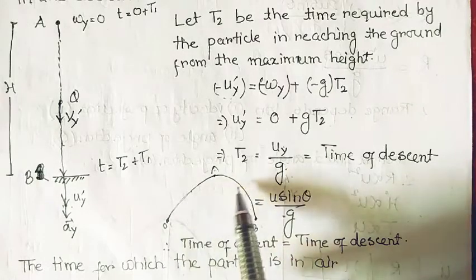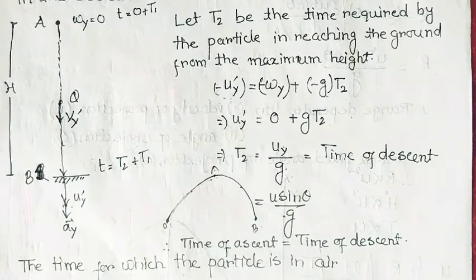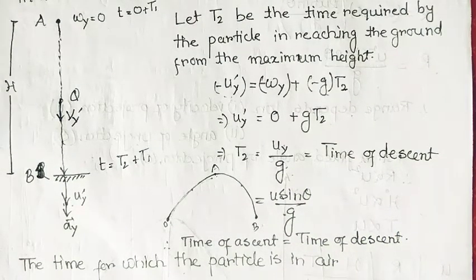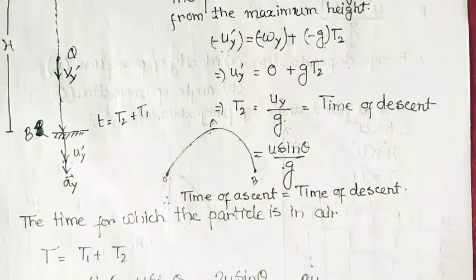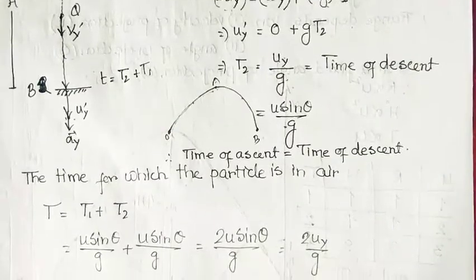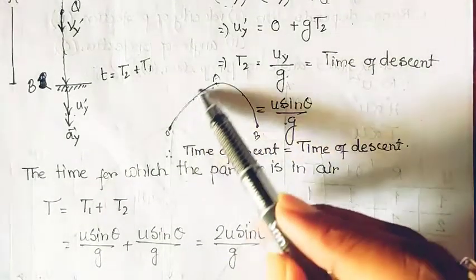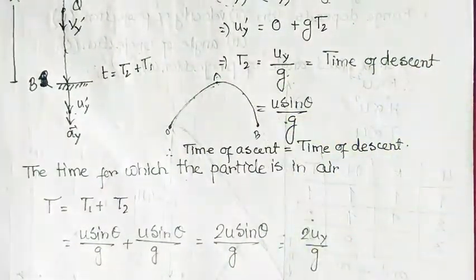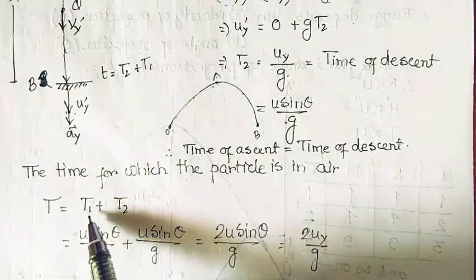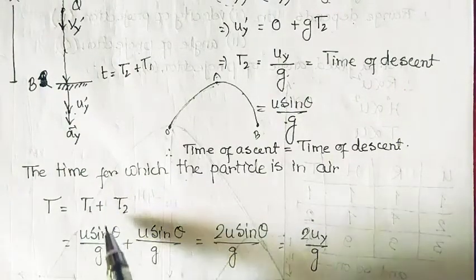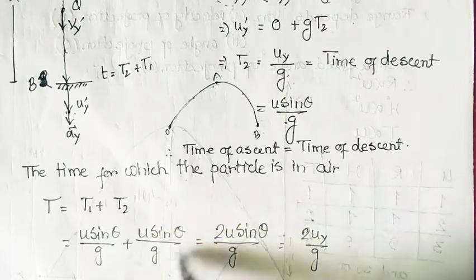So these t1 and t2 are equal, the time of ascent and the time of descent are equal here. So if anyone asks for how much time the particle is in the air, or in other words what is the total time of flight, then we should add these two times, that is the time of ascent plus the time of descent. The time of ascent is t1 and t2 is the time of descent, just putting the values, t1 is u sin theta by g and t2 is u sin theta by g.